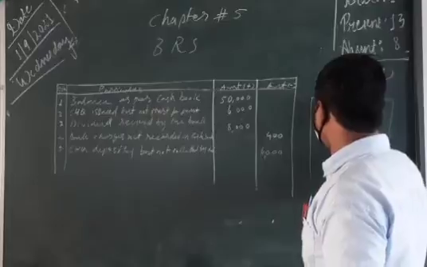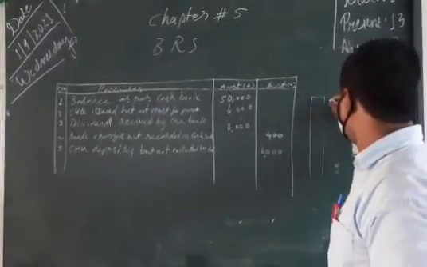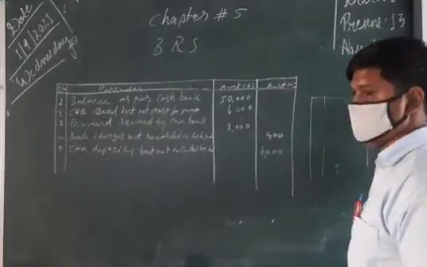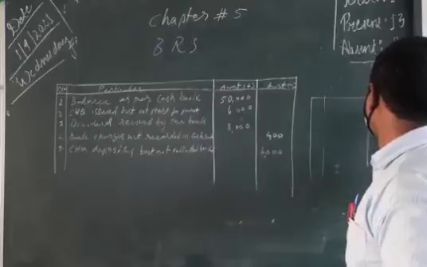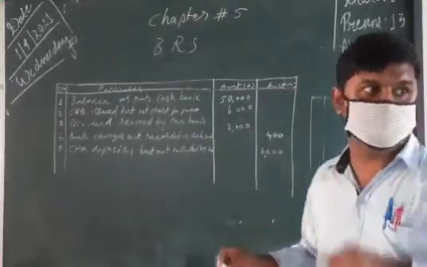Here we give the check details, issue date, the details of whom the check is issued to, the amount, and a remark on whether the check has come for payment.